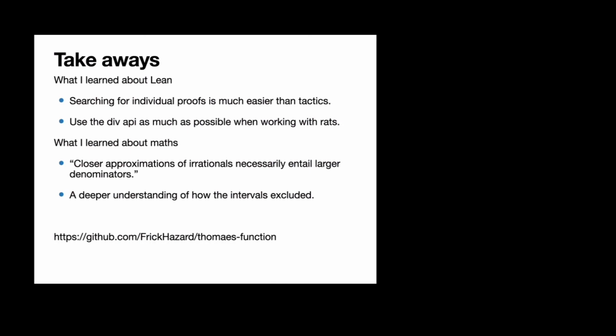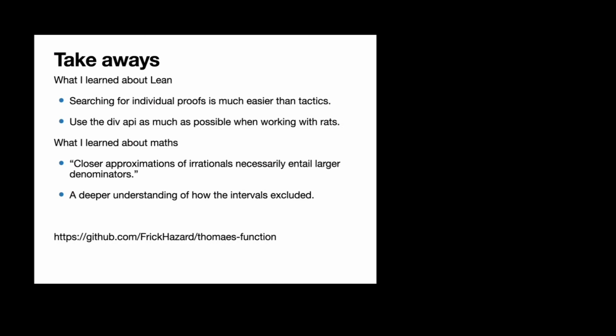And the two bits that I learned about maths while doing this project is that closer approximations of irrationals necessarily entail larger denominators, and that for a function which has a relationship with the denominator and the output, you can potentially use this in an epsilon delta style proof to restrict what values end up in intervals around a delta.